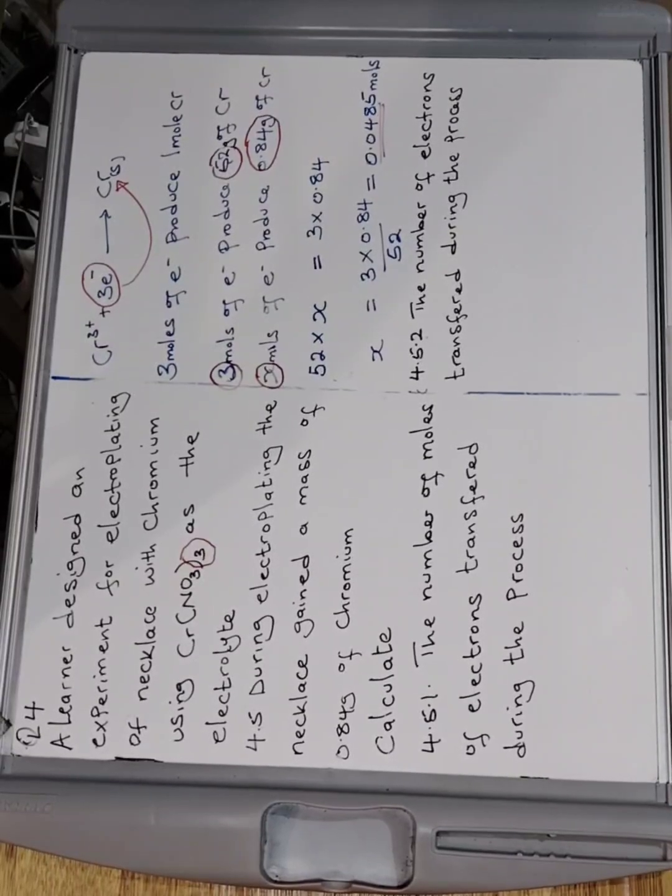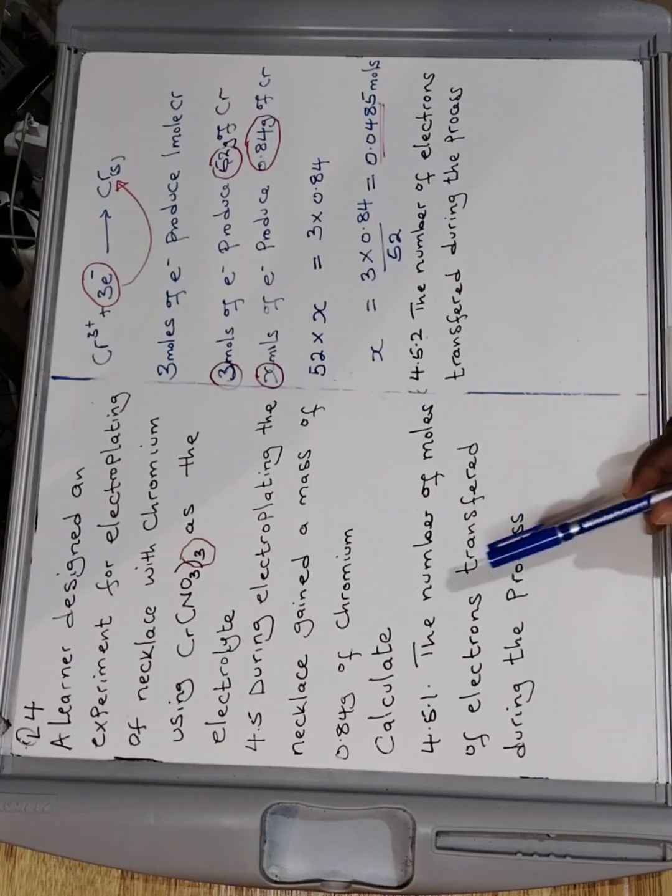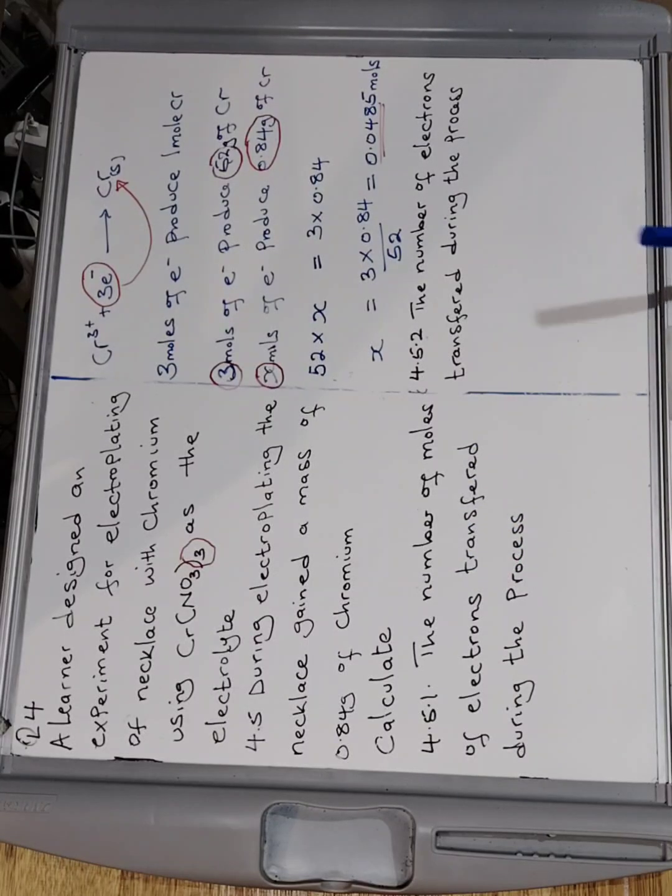Then comes the next question. It says, calculate the number of electrons transferred during the process. I want you to look at these 2 questions. The first question wanted the number of moles of electrons, and the second question wants the number of electrons.